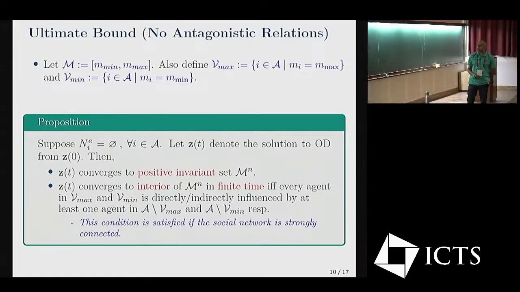So in particular, you can say that z(t) converges to that positively invariant set, and it also converges to the interior of that set if all agents who have m_i equal to m_max are directly or indirectly influenced by other agents whose m_i is less than m_max, and similarly for m_min, right?